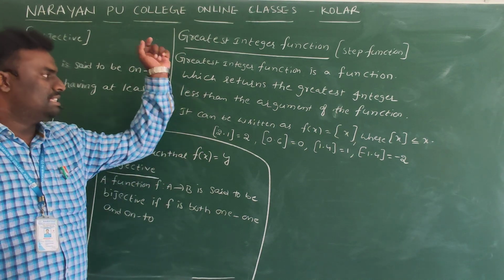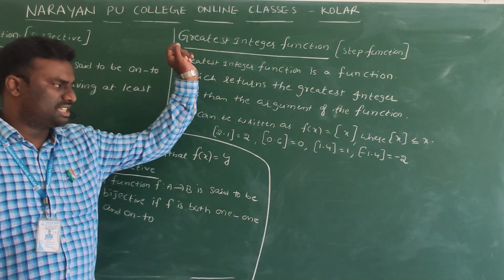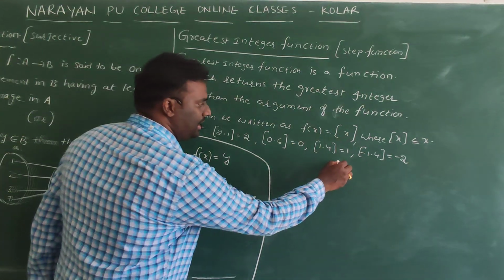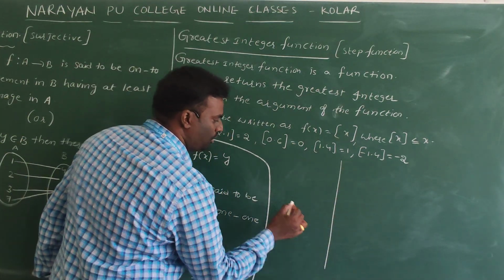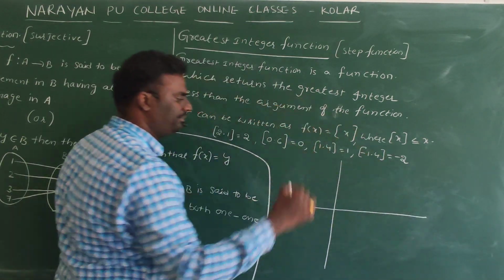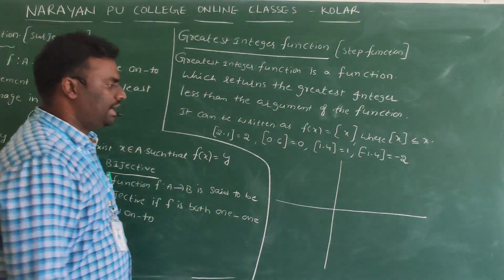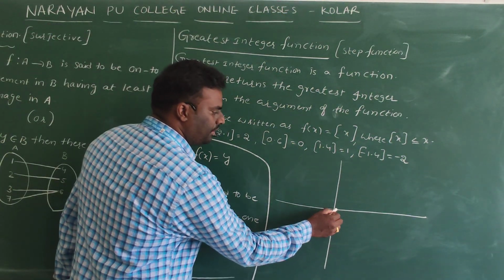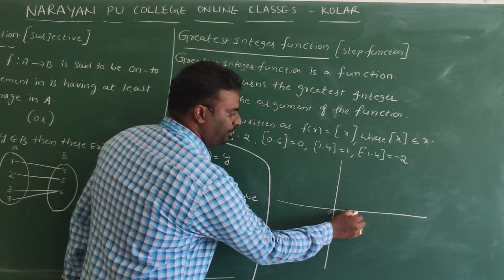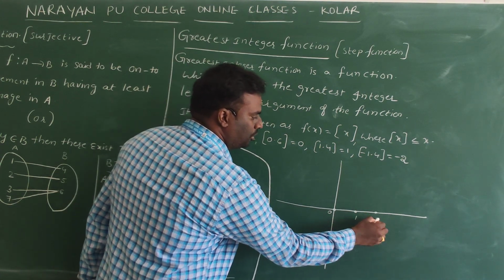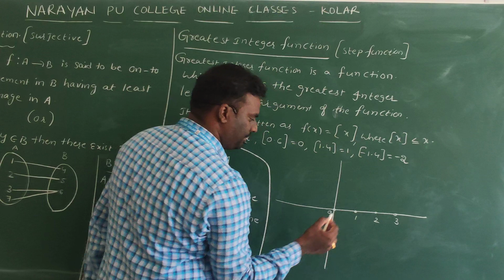Now, we will discuss the graph of this step function. See, these are the coordinate axes, x-axis and y-axis. This is 0, 1, 2, 3 and so on.